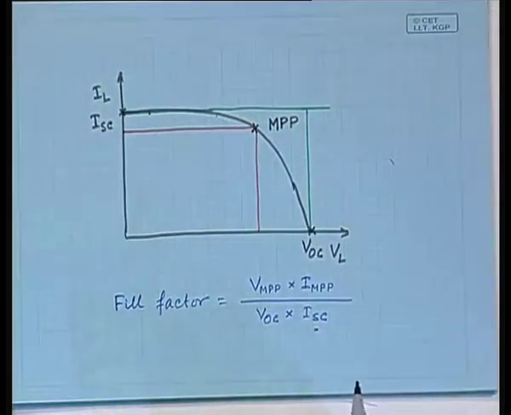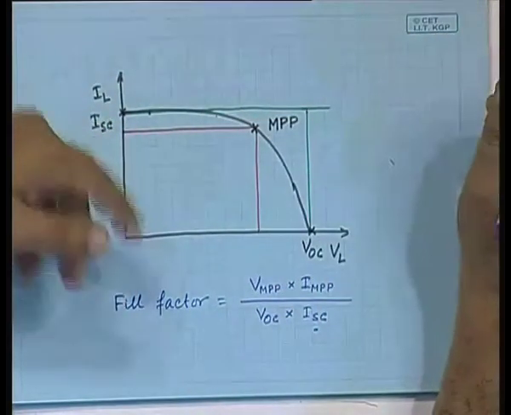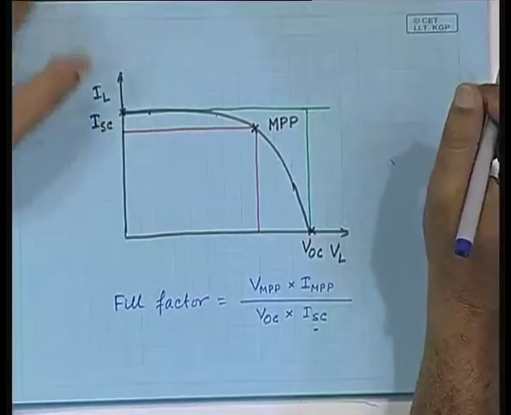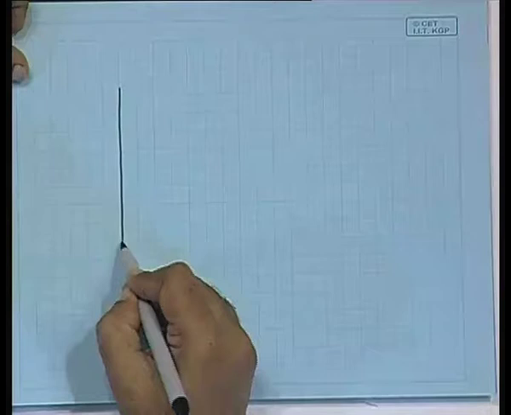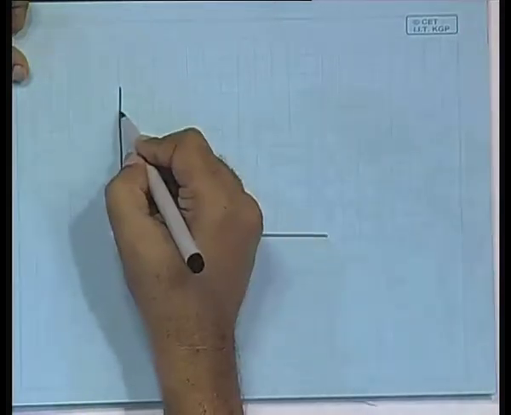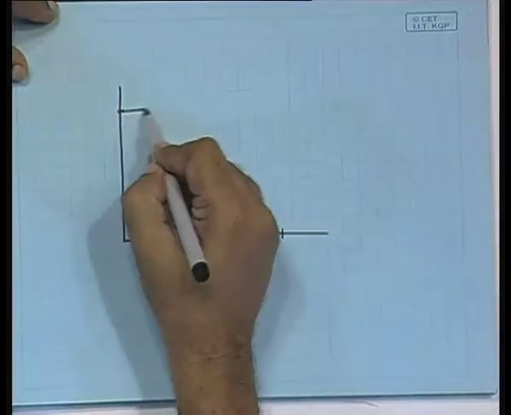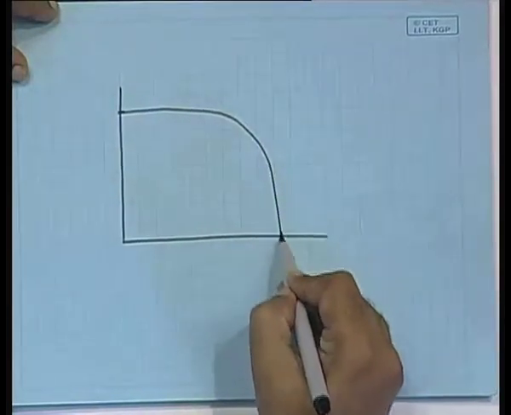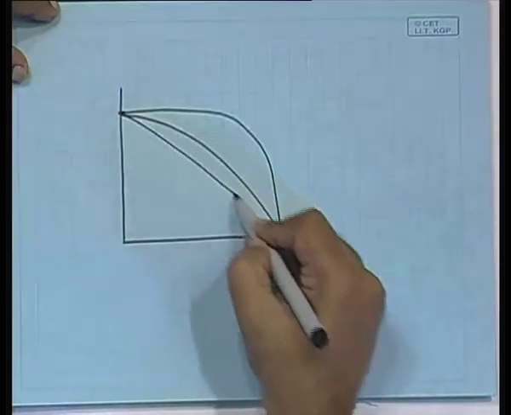That is the fill factor. Why is it so important? When you buy a photovoltaic panel, you will find the fill factor of that panel mentioned. Why is it important? Because the characteristic of a panel, if you have this point and that point specified, could be like this, could also be like this, could also be like this.